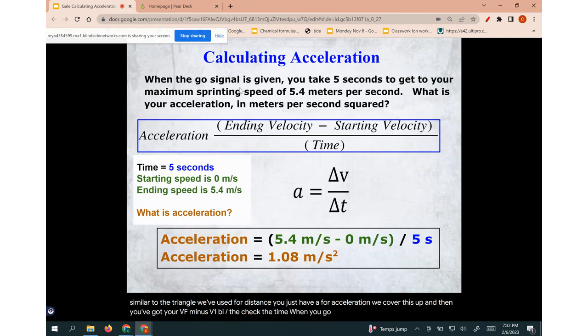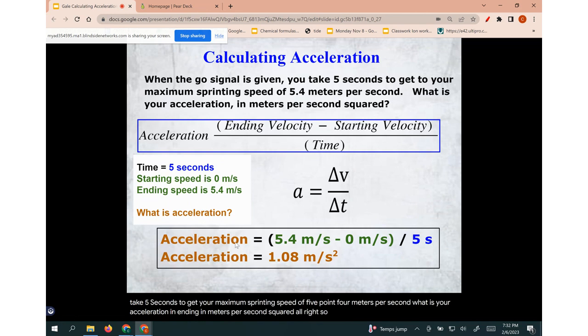When the go signal is given, you take 1.08 seconds to reach your maximum sprinting speed of 5.4 meters per second. What is your acceleration in meters per second squared?